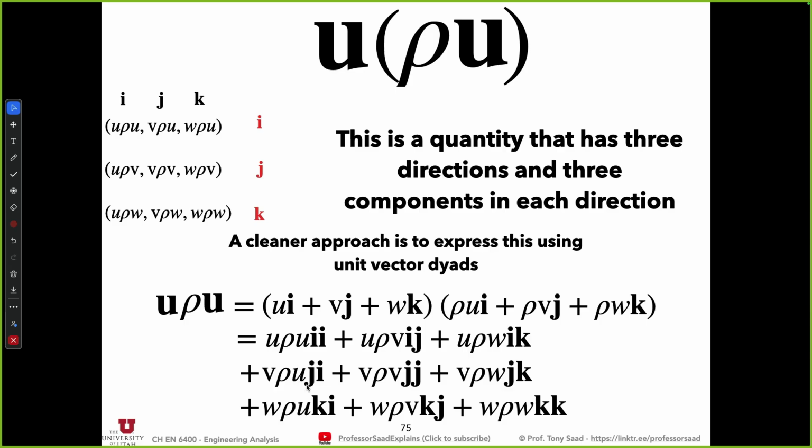Look at the unit vectors: they're ji, which is consistent. j is coming from v and i is coming from rho u. So v rho u ji is enforcing the idea that v is the advecting velocity that corresponds to j, the first unit vector. Rho u is what is being advected, so that's the second unit vector.